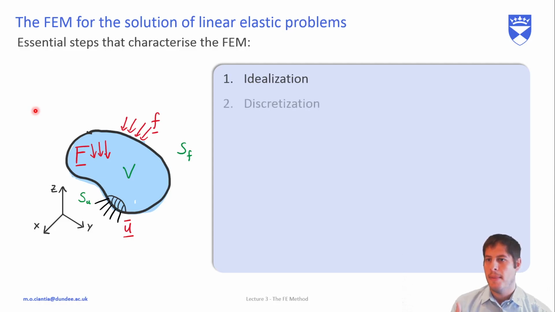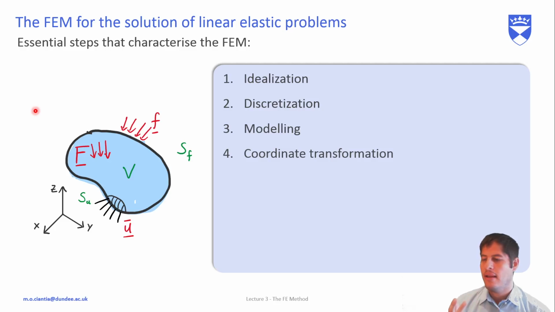Number two, we need to discretize our continuum body, as we've seen, for example, in the simple circle and calculation of pi in the introductory lecture. We need a model for these displacements, and we'll see that. Then sometimes when the global reference is not the same as the local reference of my finite element, we need to do some transformation. We'll see that.